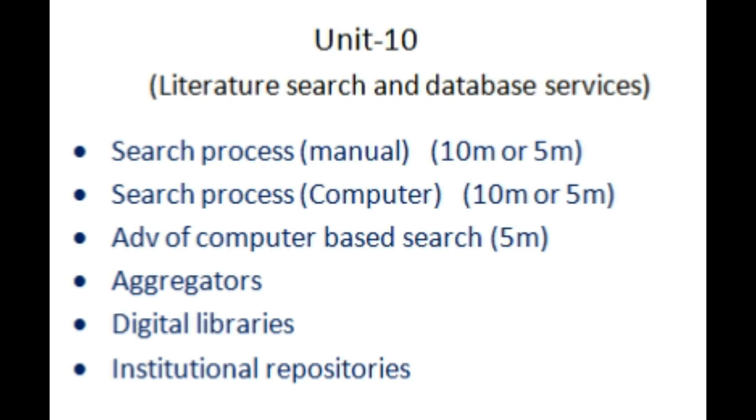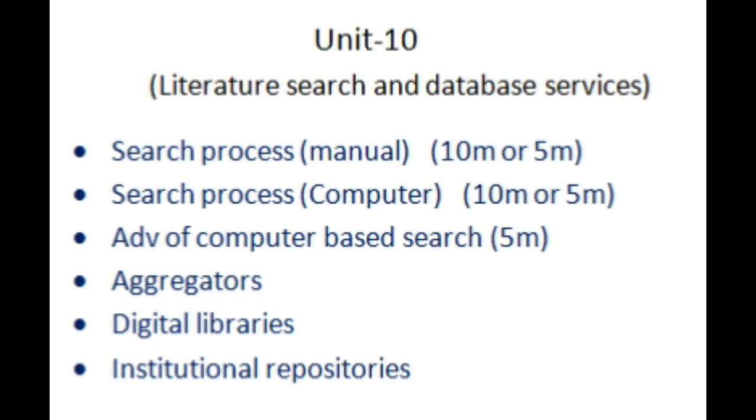In the last December 2018 question paper, there was one question on literature research need, and describe the steps involved in manual literature research. It was asked for 10 marks. So be prepared.